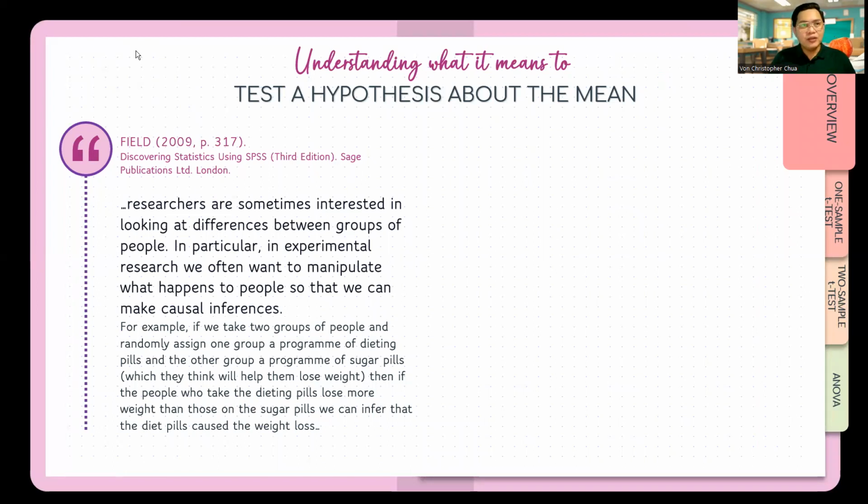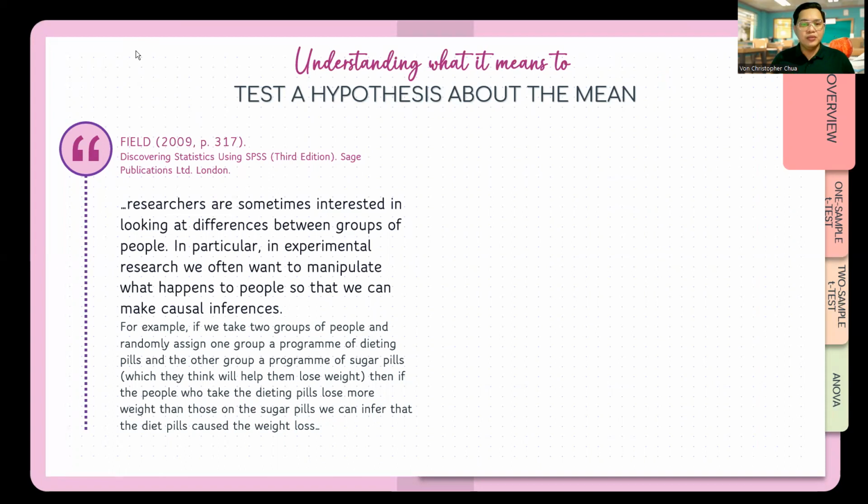For example, you may be interested in determining whether or not a certain study practice is going to be effective for a certain group of students. So you measure their performance before they implement the study method.